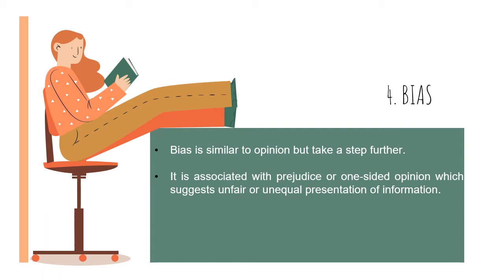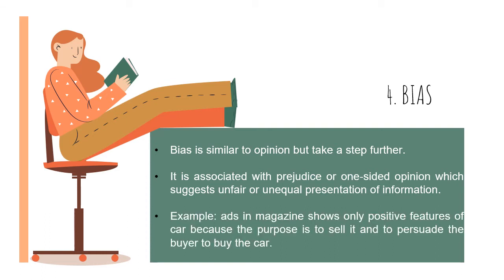Perhaps the best example of bias is in advertising. A magazine advertisement for a new car model, for instance, describes only positive and sellable features of the car, and does not recognize the car's limitations or faults. By giving only a partial presentation of the facts, or by not giving the bad side of the car, the ad writer reflects his bias.